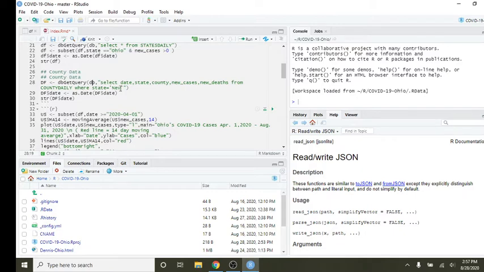Okay. Ohio. They were pulling the code. One more thing.